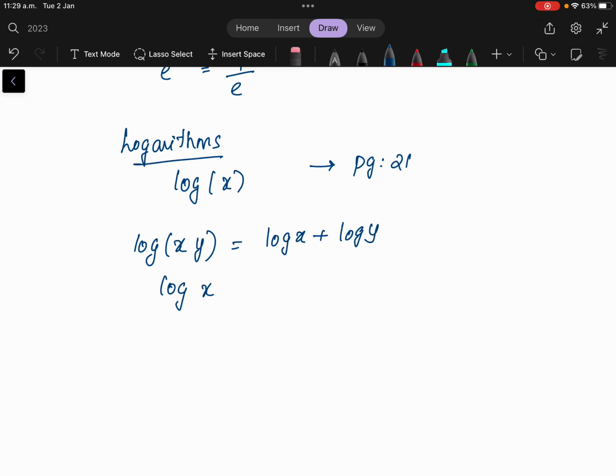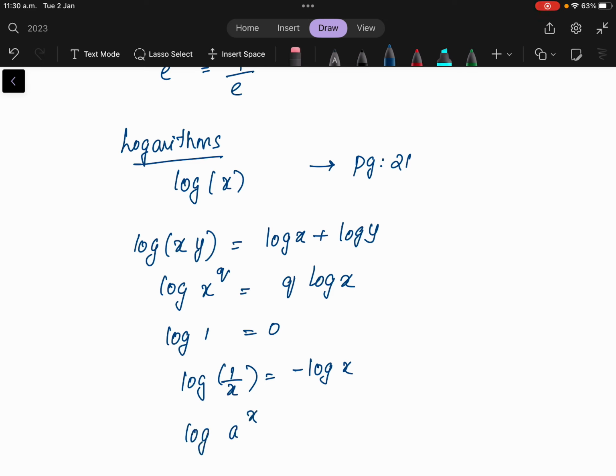Log of x to the power of q is equal to q log x. Log of 1 is equal to 0. Log of 1 over x is equal to minus log x. Another one: log base a of a to the power of x is equal to x.